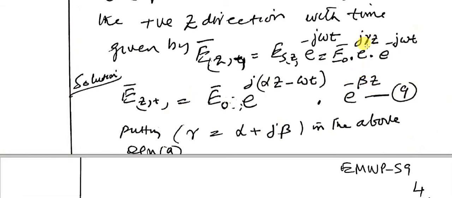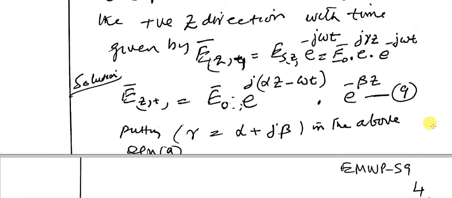Rearranging the things we will get this relation: E naught e to the power j alpha z minus omega t, where j is common to both, and e to the power minus beta z.